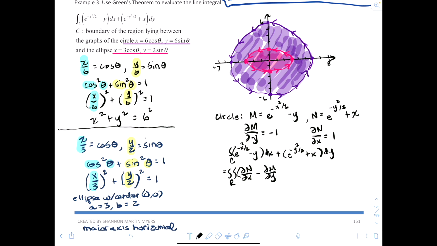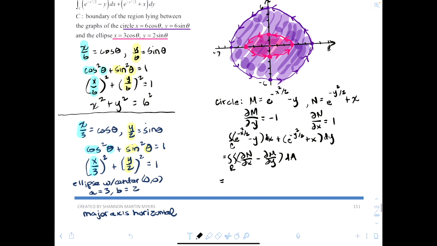And that is just going to be equal to 2, with our dA.